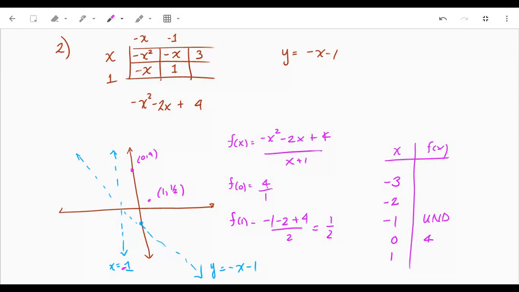Then I can do negative 2. I'm going to go up here so I don't have to scroll down. f of negative 2, so it'd be negative 4, because negative 2 squared is 4. Then I make it negative, minus 2 times negative 2, so plus 4, and then plus 4, over negative 2 plus 1, so negative 1. So that would be negative 4.